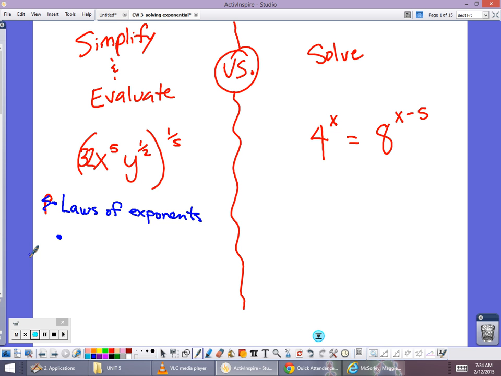What can we do to the 32? Should we just leave it 32, or could we rewrite it? And how could we rewrite it? So we could say the 5th root of 32, so we could change our rational exponent.